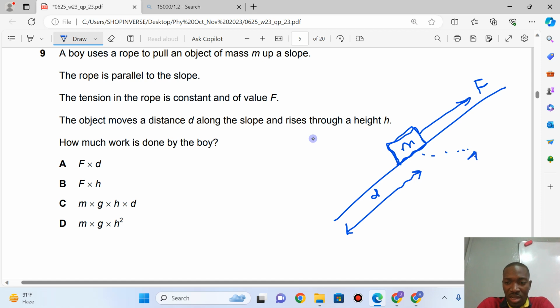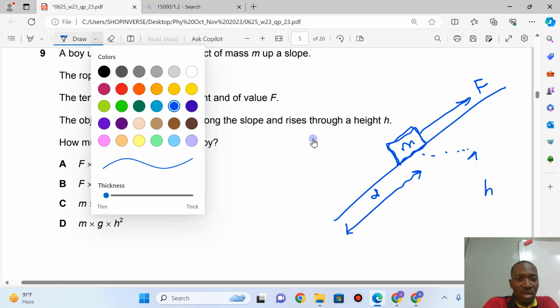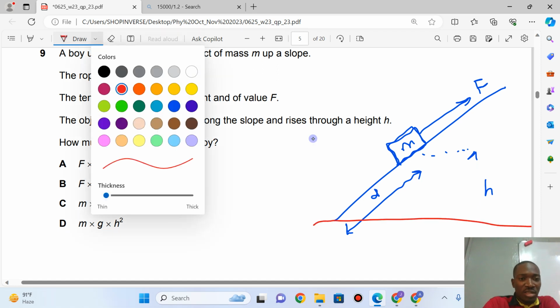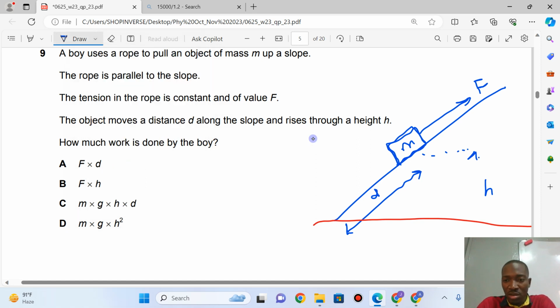That means this is the vertical height, okay? This is the height h. If we take, let me use color red for the ground level, if we take this as ground level, then this is the height to which the object has risen.